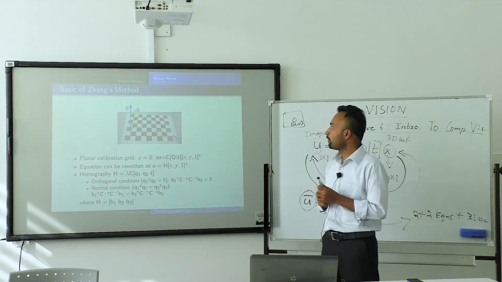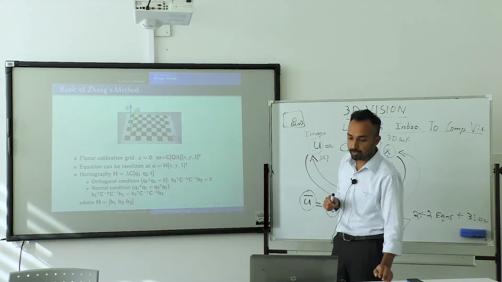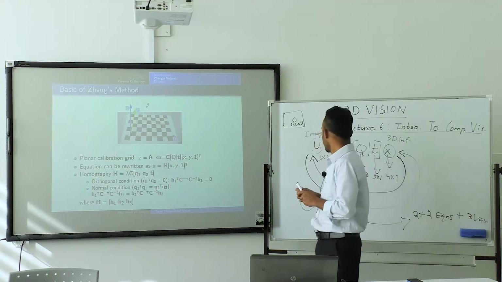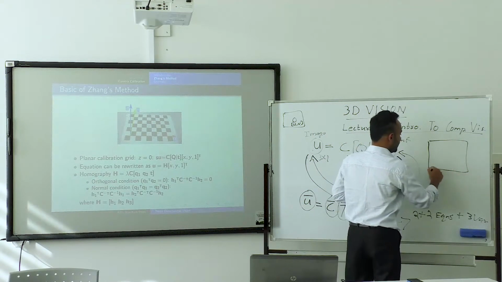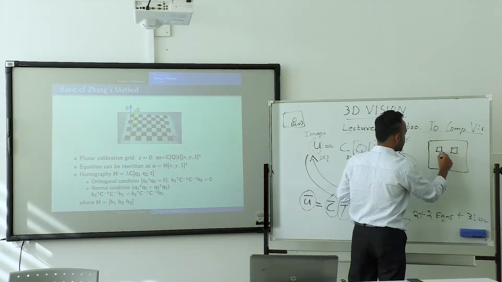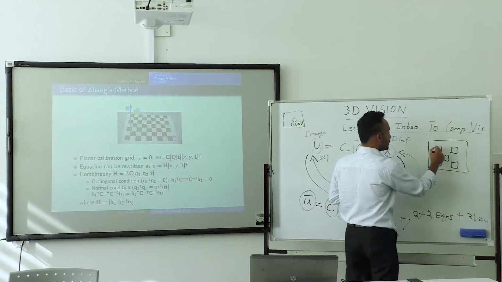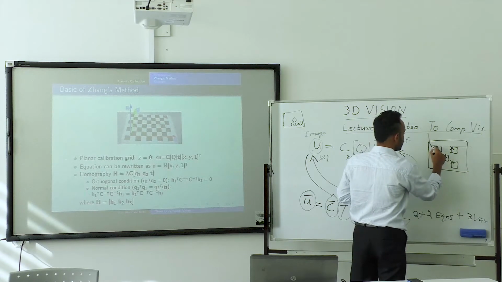The basics of Zhang's method is that you have an image of a calibration grid. Let me explain this. A calibration grid is an object which is black and white, which will have squares, and you know the position of each corner in a coordinate system which is defined on it.